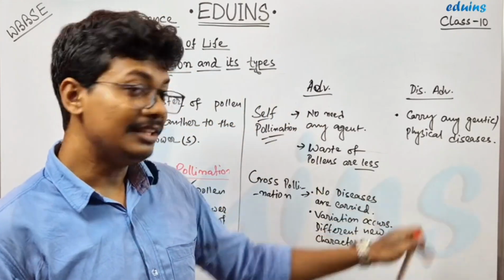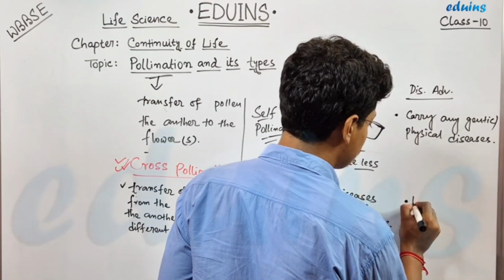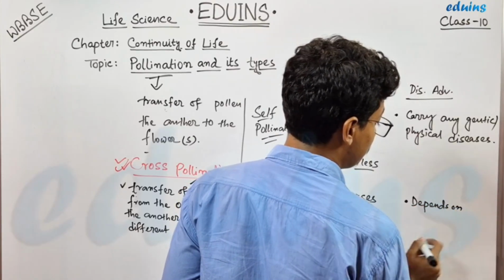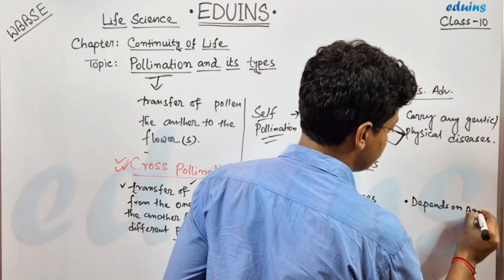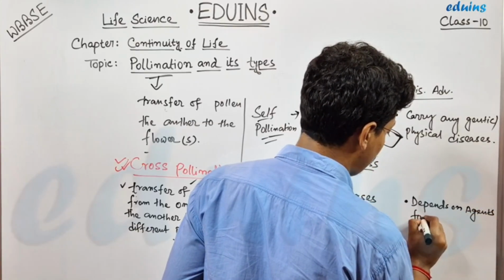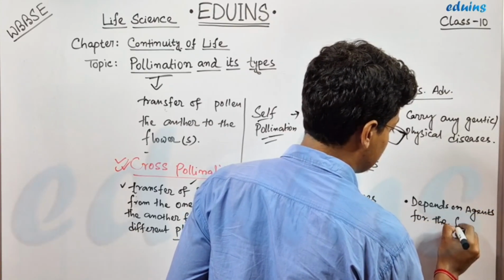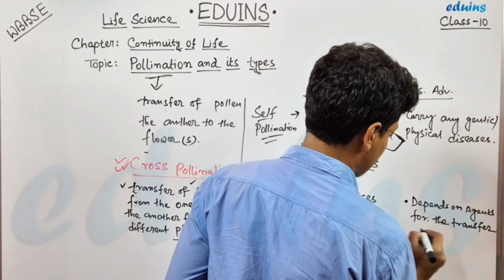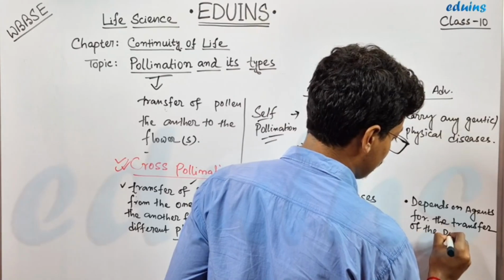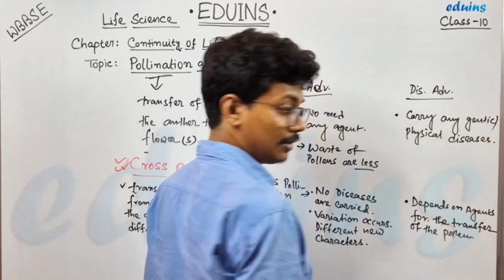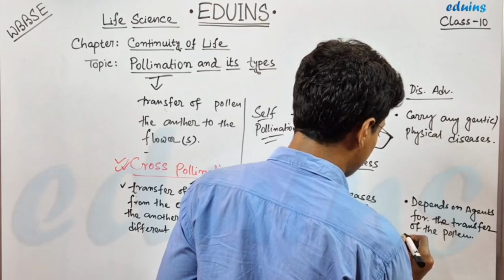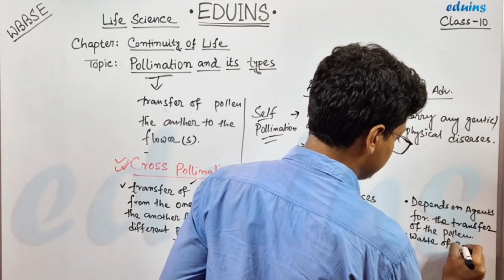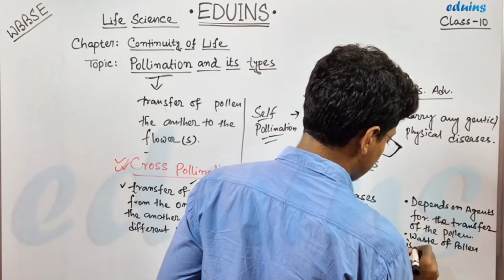And the disadvantages: number one, it depends on agents for the transfer of pollen, and number two, the wastage of pollen is more.